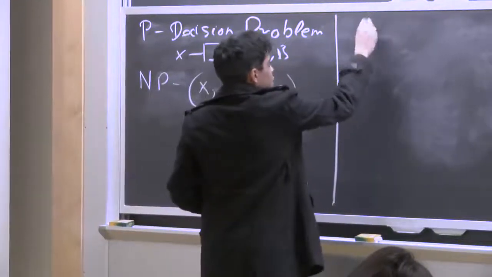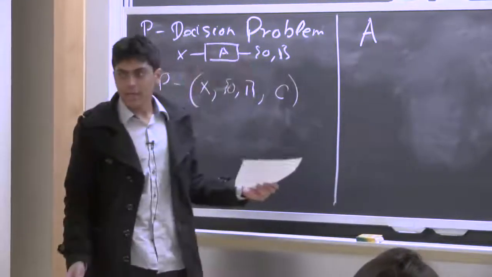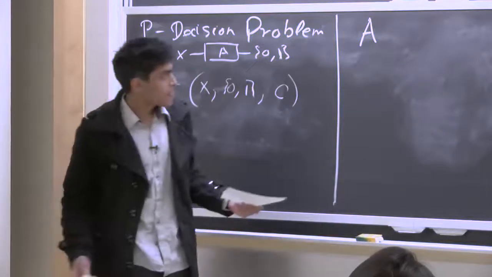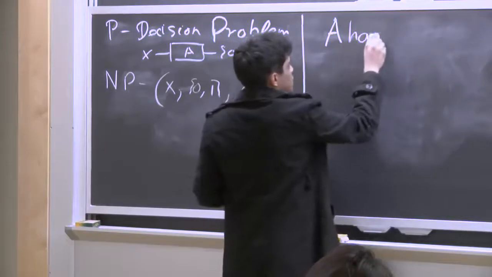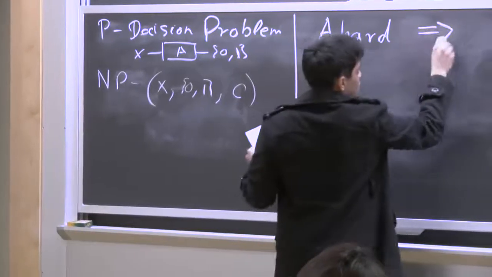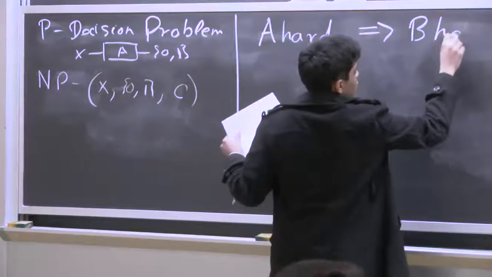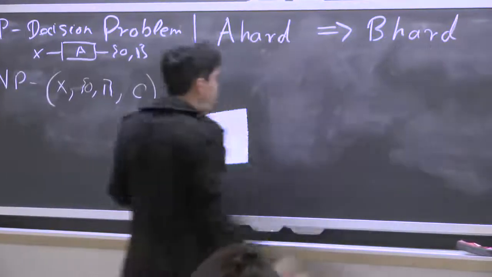If we know that we have a problem A, which is a hard problem, and we want to show that problem B is hard, we want to draw this implication.